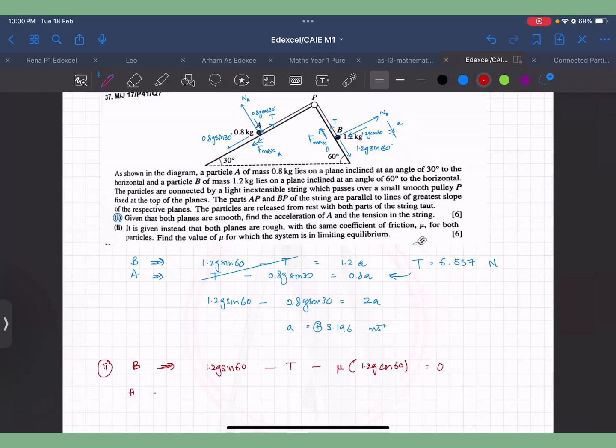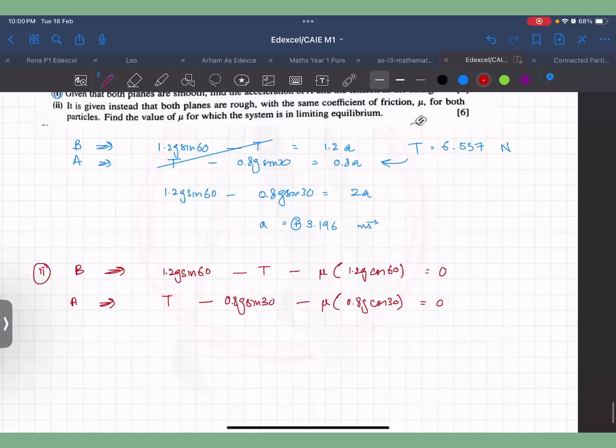And for A, tension minus 0.8 g sine 30 minus mu times 0.8 g cos 30, yes, tension is upwards, equal to 0.